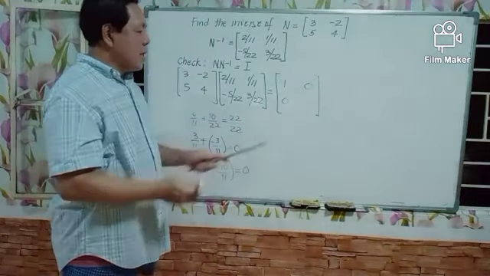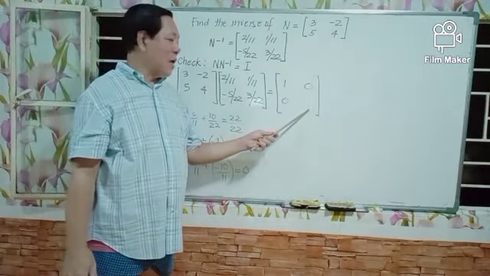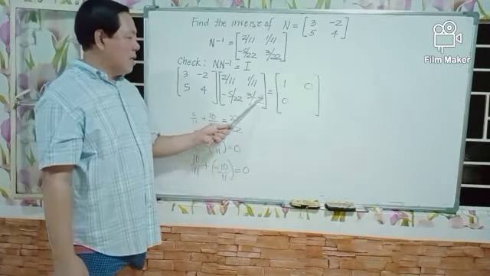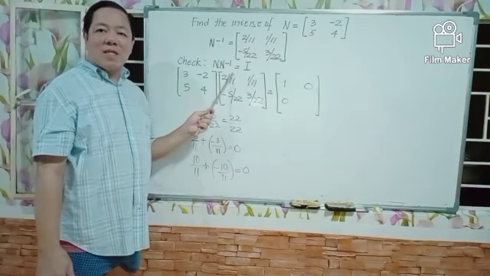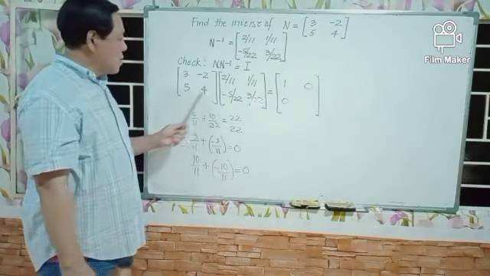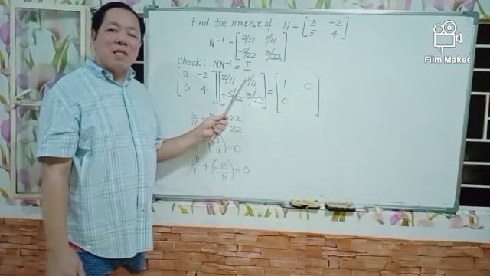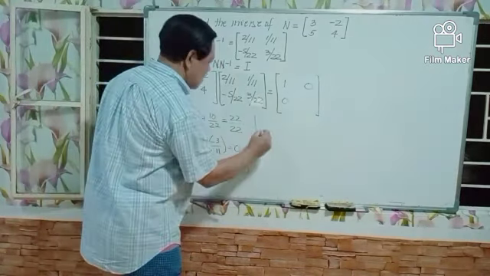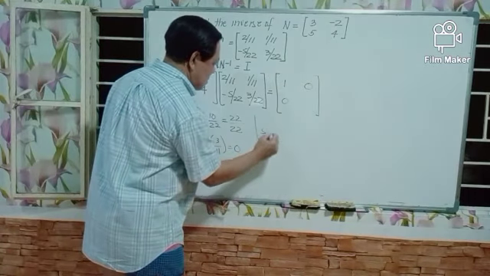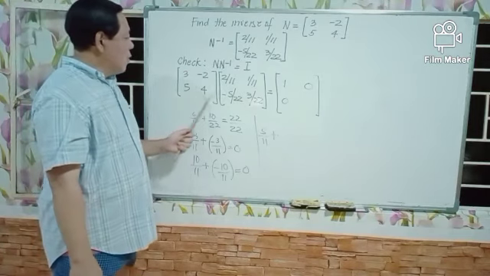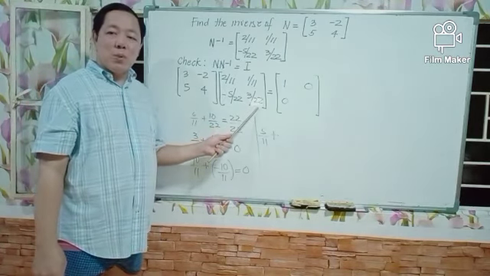Finally, we get the entry here by multiplying the second row of matrix N by the second column of matrix N to the minus 1, and we add the products. 5 multiplied by 1 over 11 is 5 over 11. Plus 4 multiplied by 3 over 22.